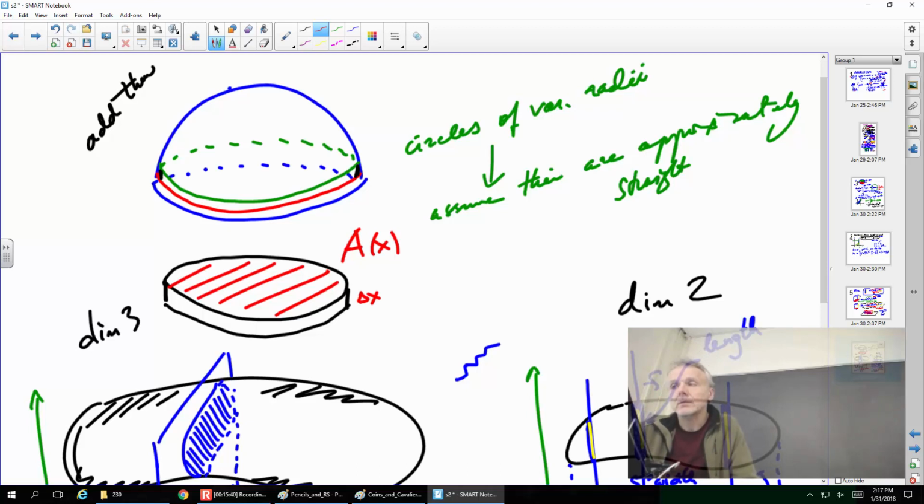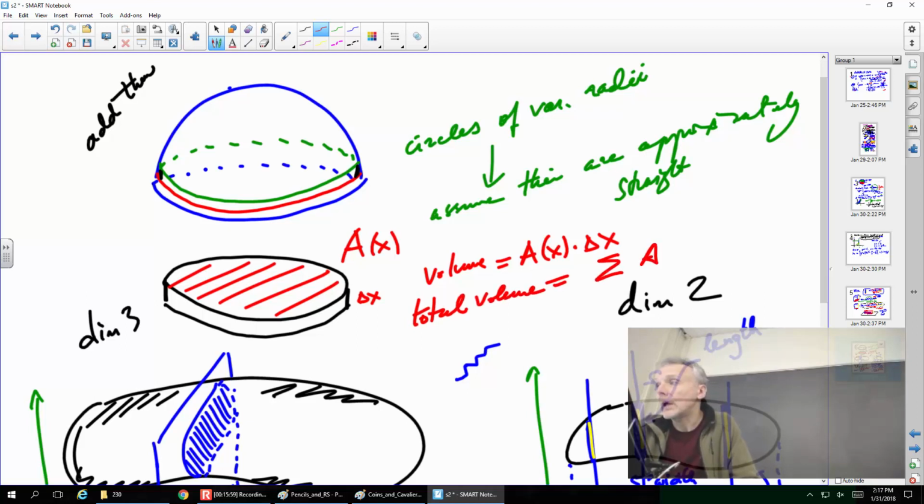This is delta x. Okay, so then the volume is A(x) times delta x. So each slice will have this volume, and then the total volume will be the sum of these. Sum A(x) delta x over the whole thing, over a partition of our interval AB.